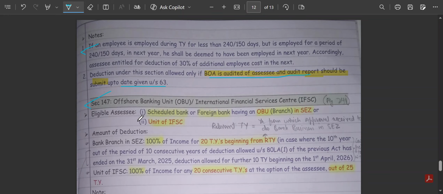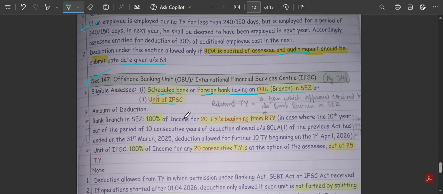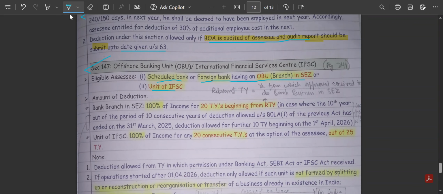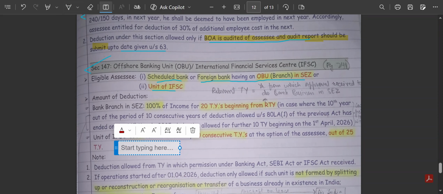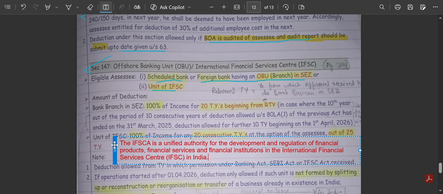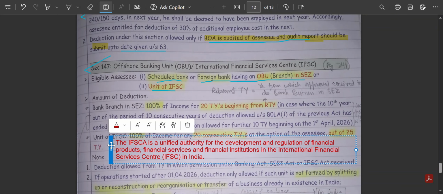Section 147. The eligible entity is any scheduled bank, meaning an Indian bank, or a foreign bank having an offshore banking unit or branch in an SEZ, or a unit of IFSC. Now, what an IFSC is, I will try to explain a little. IFSC is a unified authority.